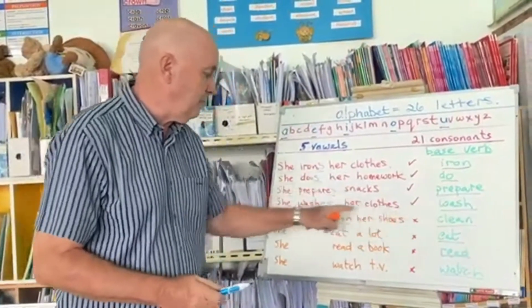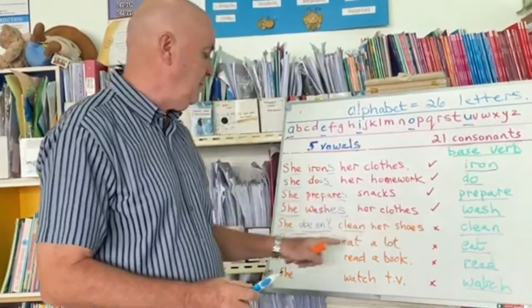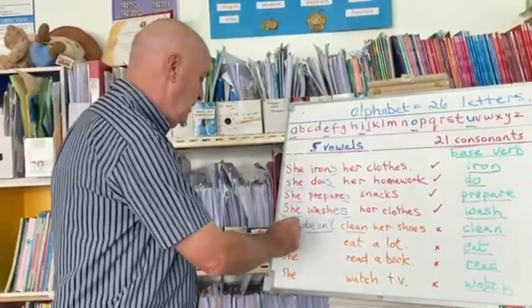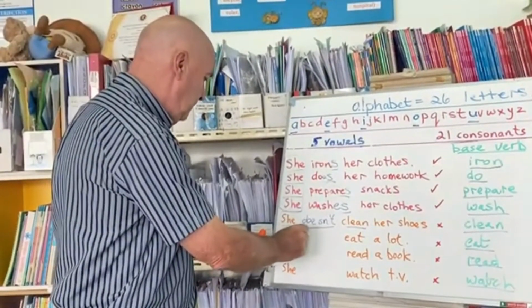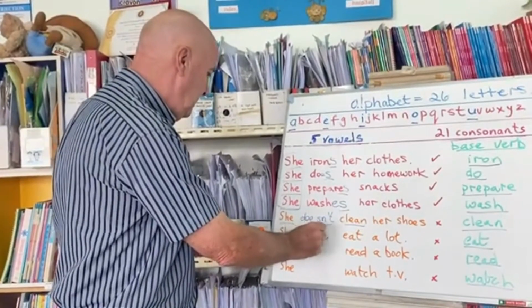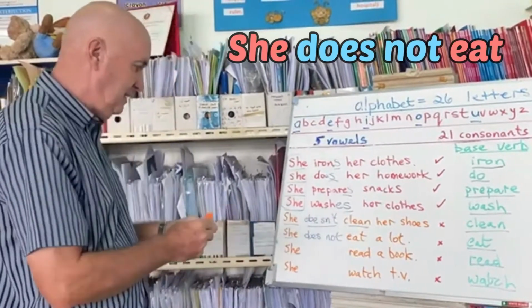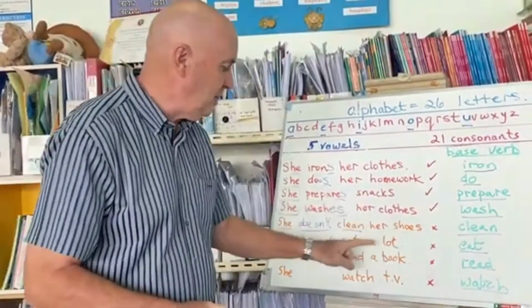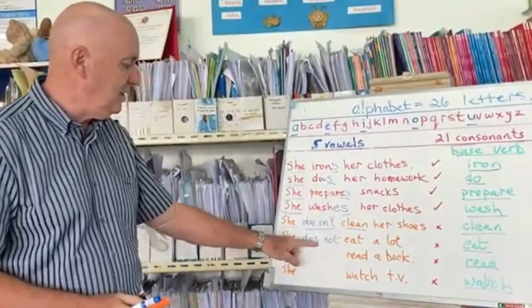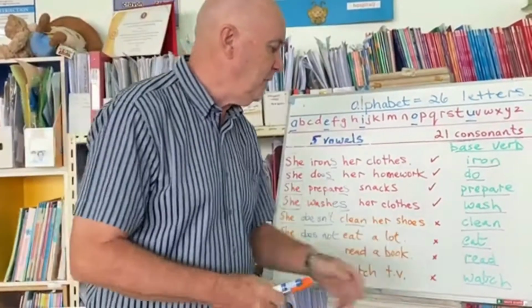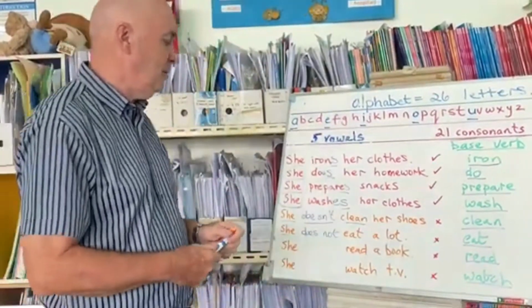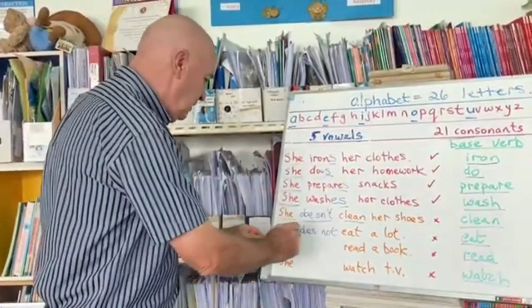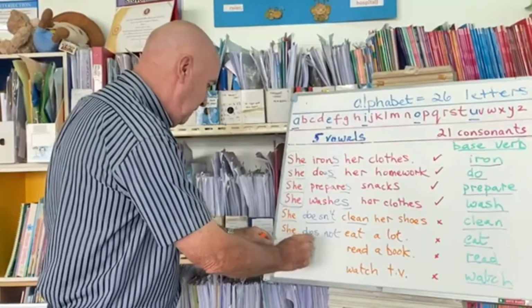It's the same. Look, this one, the base verb is eat. We want to say no. Subject is she. So it's going to be does not eat. Okay, again look, we don't change the base verb because we're using does not. This one, read. Okay, we want to say no because the subject is she.